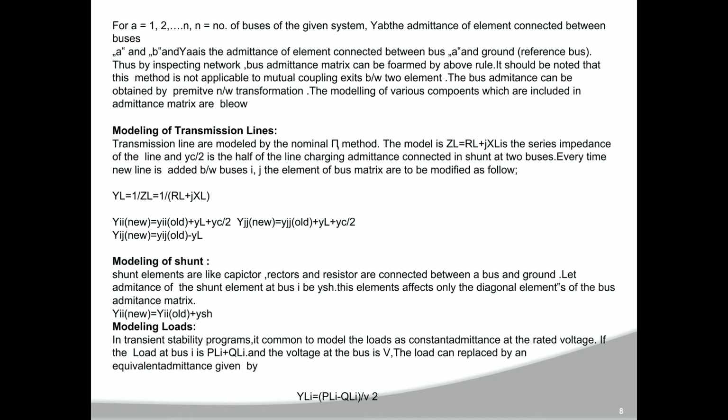Modeling loads. In transient stability programs, it is common to model the loads as constant admittance at the rated voltage. If the load at bus I is PLI plus jQLI and the voltage at the bus is V, the load can be replaced by an equivalent admittance given by YLI is equal to PLI minus jQLI by V squared.